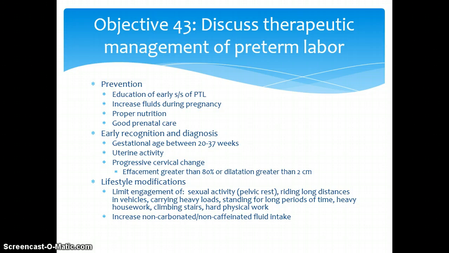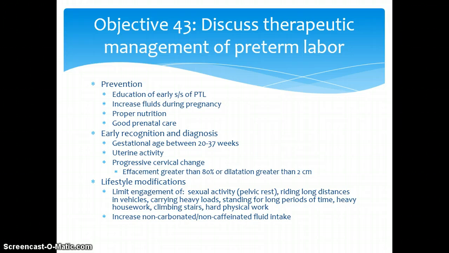And this would be things like abdominal cramping, being on their feet, not feeling well, all that kind of stuff would be potential signs and symptoms of preterm labor.